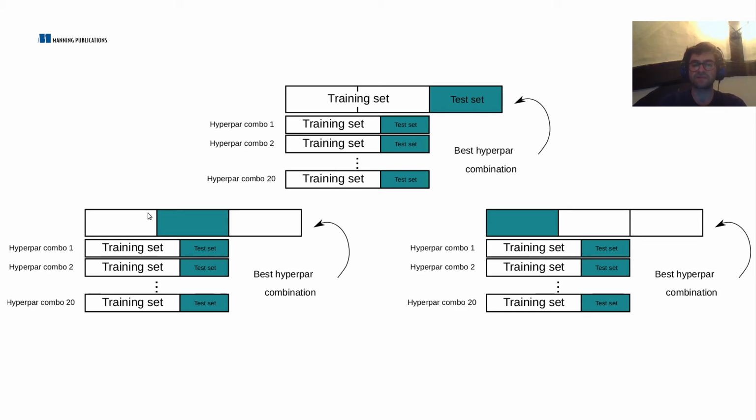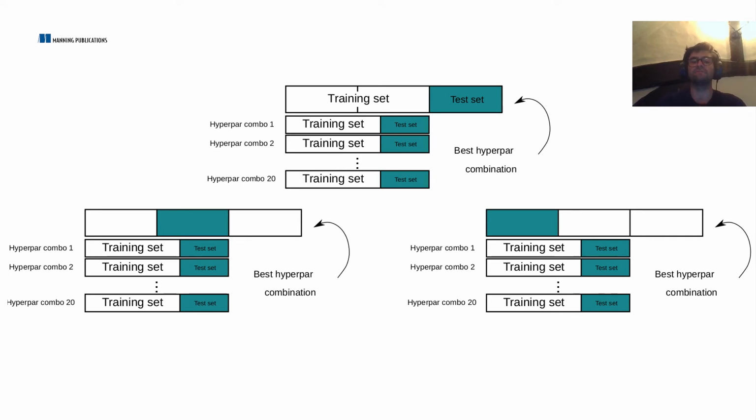The same thing happens for this fold, except this time we only use the data in this block and this block to form our inner loop. And the same over here, but this time we use the data from this block and this block to form our inner loop. By the time you finish this procedure, you have three different models evaluated on three different parts of the data, and you can take the mean performance metric across those three models.